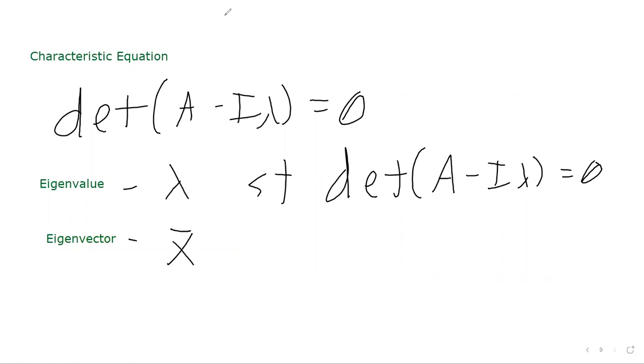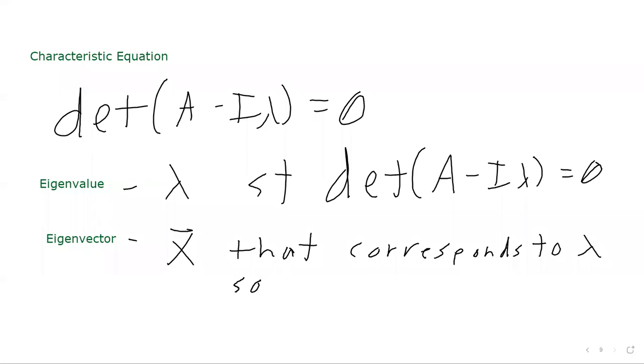It's the x vector that corresponds to our λ that we just found. So that we can get our A minus Iλ times x equal the 0 vector.